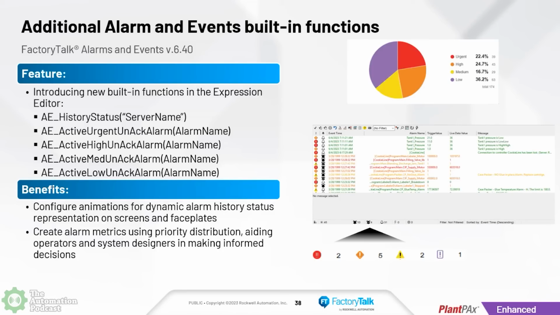The one I really want to talk about here is the alarm and events history status server name. For those that are aware, when you set up HMI server-based alarms or your logic tag-based alarms, if you go to the alarm and event summary property to set it up, there's a function called enable alarm history. A lot of times that database gets disconnected for some reason, and nobody knows that it's disconnected.